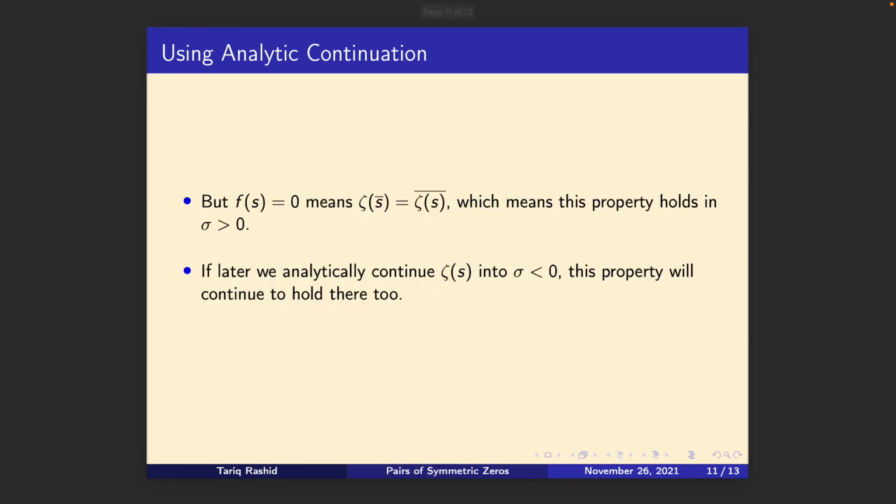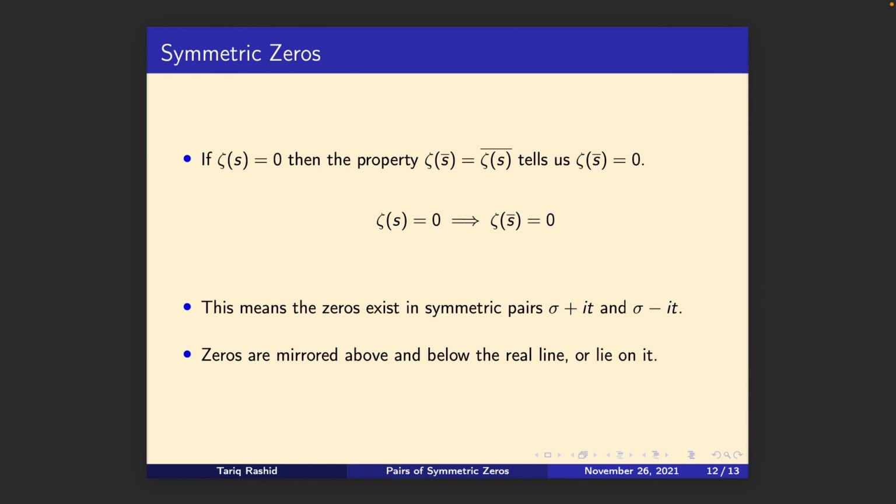So that's great. So how is this useful for us? We're supposed to be exploring the zeros. Well, if the Riemann zeta function is 0, then that property, which you've probably already guessed, tells us that the Riemann zeta function is 0 at the point that is the mirror image of s in the real line, the complex conjugate. So the zeros exist above and below the real line symmetrically. They are mirror reflections of each other.